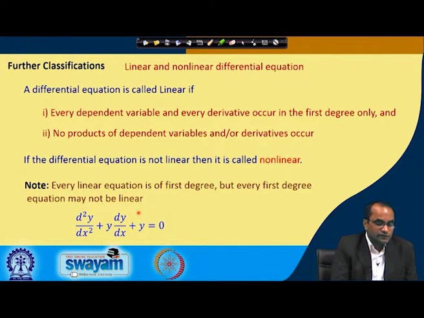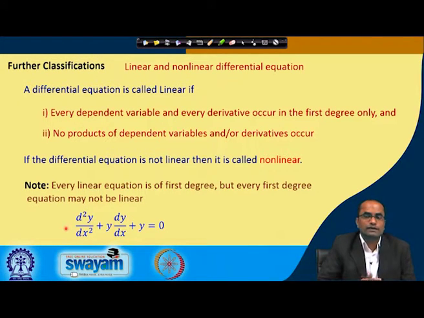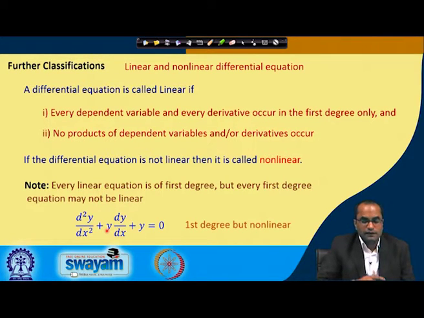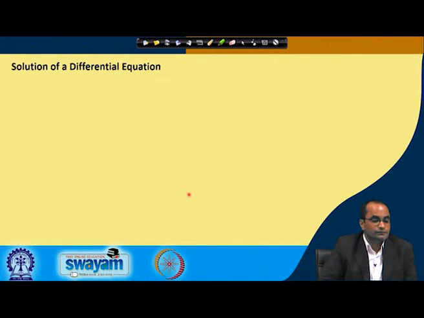For instance, here this is a second order equation and the degree is 1, because the degree is defined as the degree of the highest order term, but this equation is nonlinear because of this product of y and dy/dx. So, it is first degree, but nonlinear. Every linear equation is of first degree, but not every first degree equation will be linear.